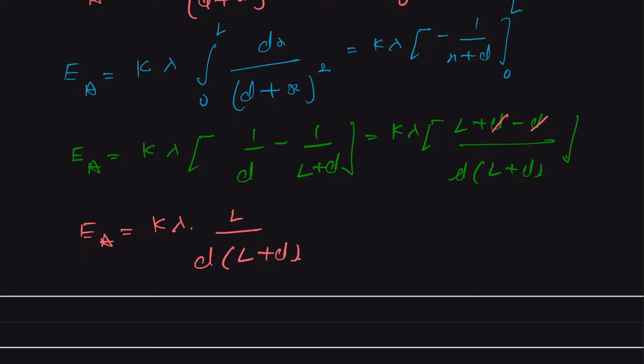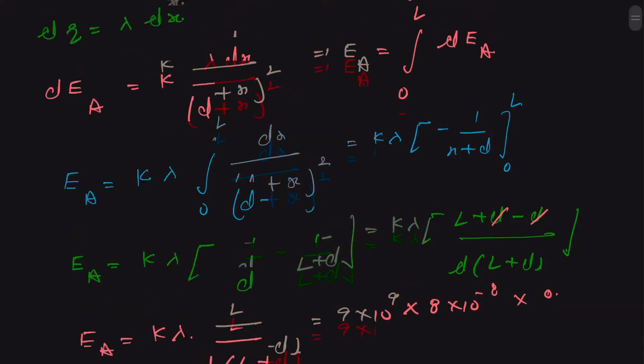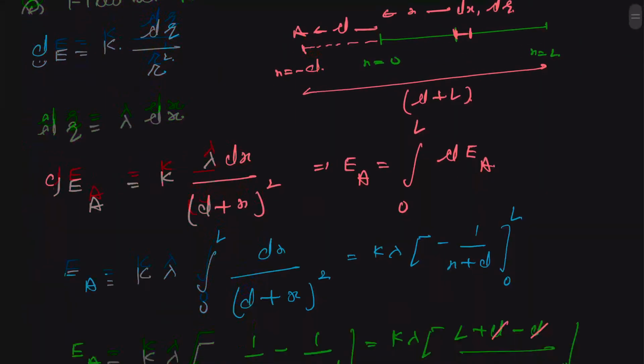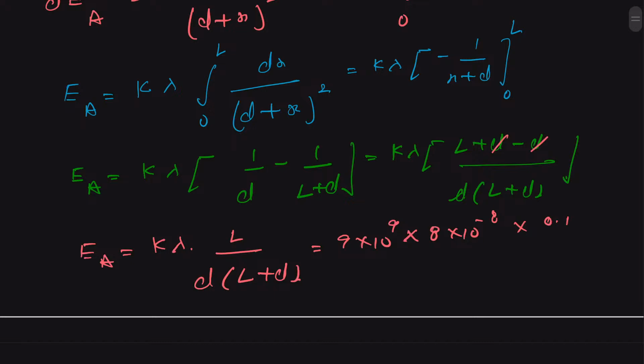We simply substitute the values, and k is 9 into 10 to the power 9, lambda is 8 into 10 to the power minus 8, and length is 0.1 meter, and divided by d, which is 0.03, multiplied by 0.13.